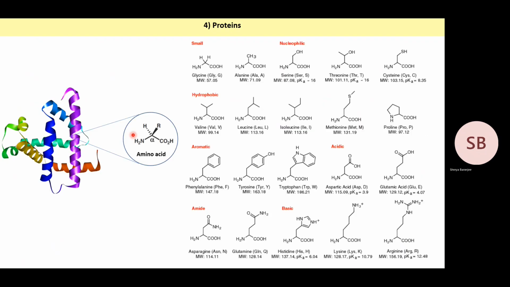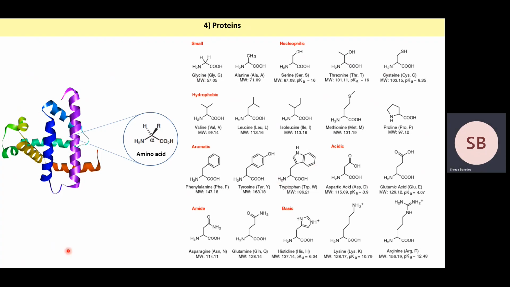The fourth kind of biological macromolecule is proteins. Now, protein consists of the building block called amino acid, which basically has a central alpha carbon to which there is an NH2 group, a COOH group, an H group, and an R group, which can be of 20 different types.